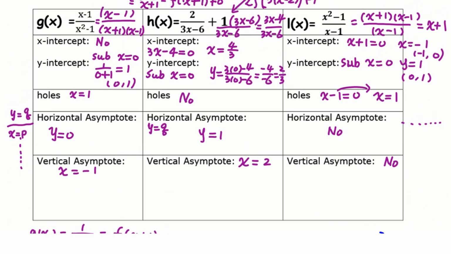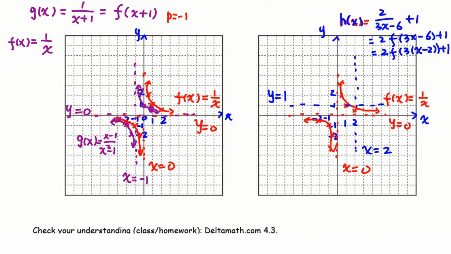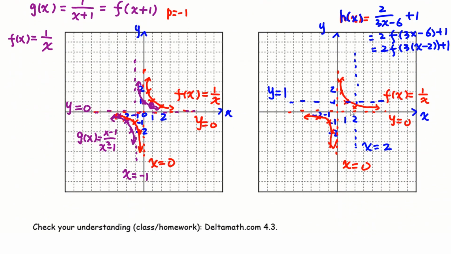So this one, x-intercept is 4 over 3, another one is 4 over 3 is here, 2 over 3 is here. So we could graph it roughly this way, it's okay.